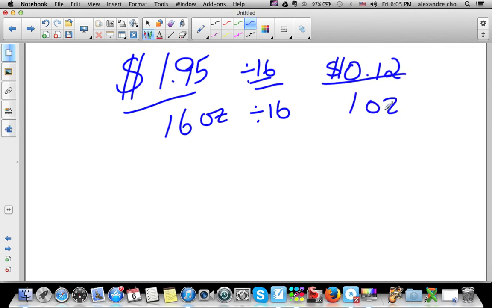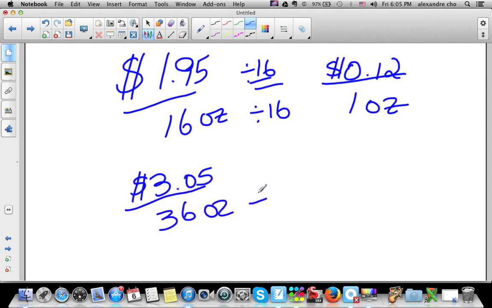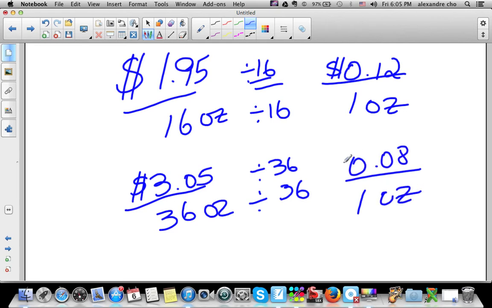The other size is $3.05 for 36 ounces. This could be orange juice, this could be milk, whatever it is. Divide by 36, and 1 ounce in this package gives you 0.08. So this was a case where buying the bigger package was more economical.